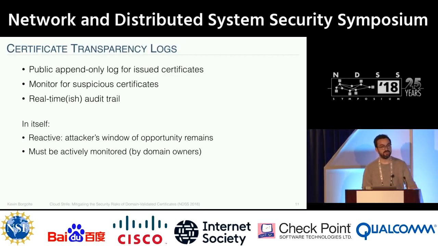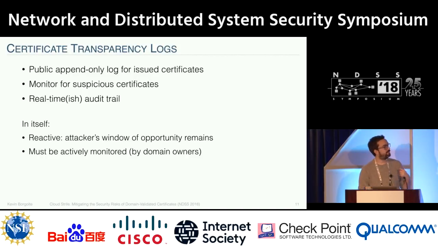You first have to check whether a certificate has been issued, so it doesn't actually prevent certificate issuance. As a domain owner, you have to check whether there is a certificate. If there is, you have to go to the certificate authority that issued it, request that it be revoked, and hope that all of the clients that connect to your service actually check revocation, which I'm sure many of you know is not actually happening.